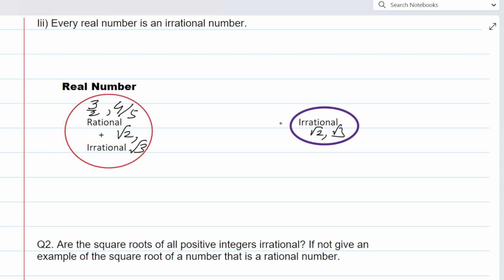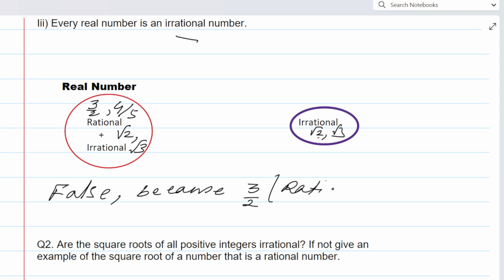There are two parts in these questions. First you write the real number set, and the second part is the irrational number set, and just check whether the numbers in this set are present in this set or not. Obviously not. Only some part is present, root 2, root 3. So overall the answer will again be false. Why? Because let's take a rational number. 3 by 2, what is it?